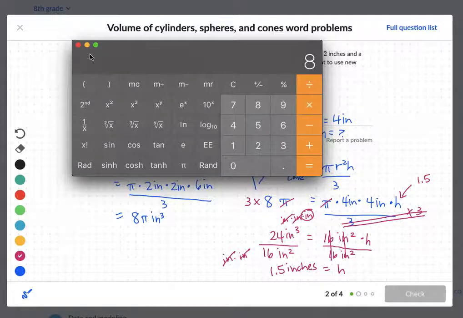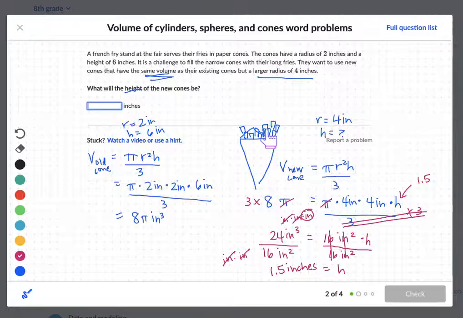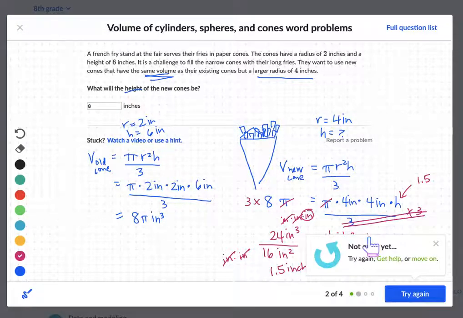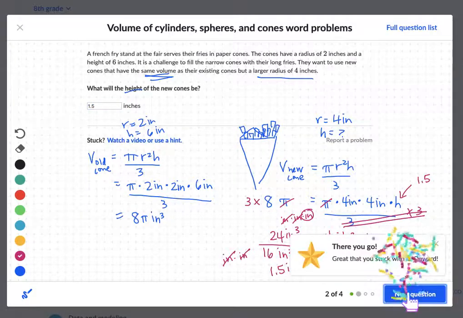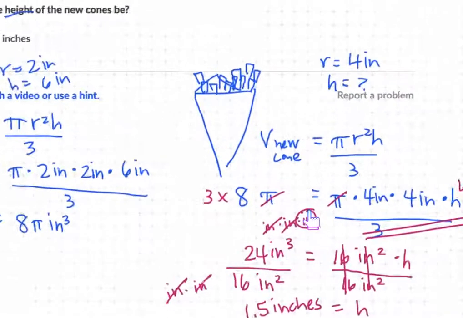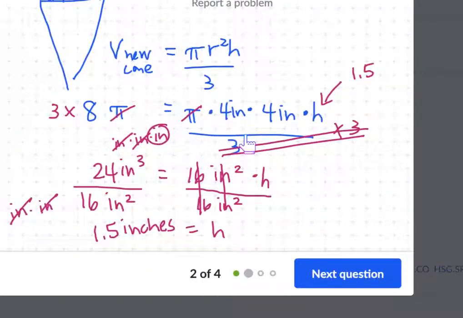Yes, so that answer is correct. Okay, so the answer is 8. Oh, sorry, not 8, 1.5. They're looking for, okay, I put in the wrong number. 1.5 inches for the height. Duh.